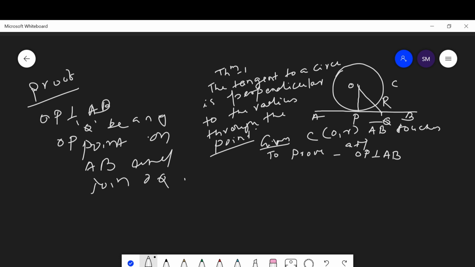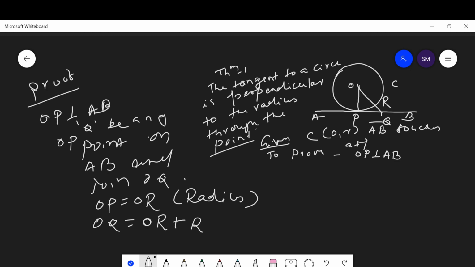Here OP is equal to OR because of the radii of the circle. Then OQ is equal to OR plus RQ, which implies that OQ is greater than OR, which implies that OQ is greater than OP.